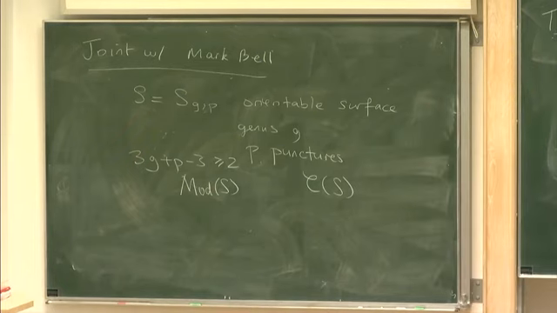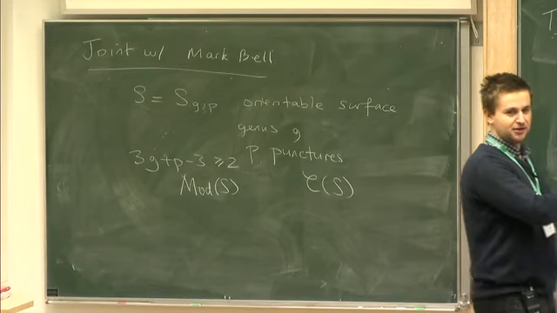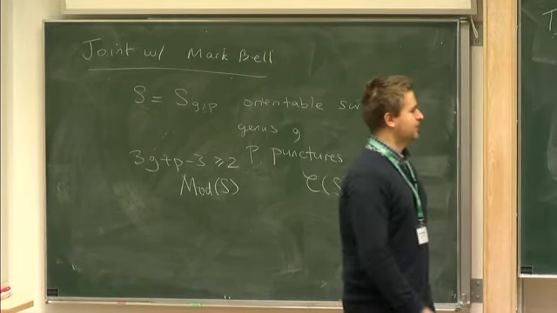Reducible, let me just clarify what that means. It means there is a collection of simple closed curves, alpha, on the surface S, so that F of alpha is isotopic to alpha. That collection may be more than one curve.